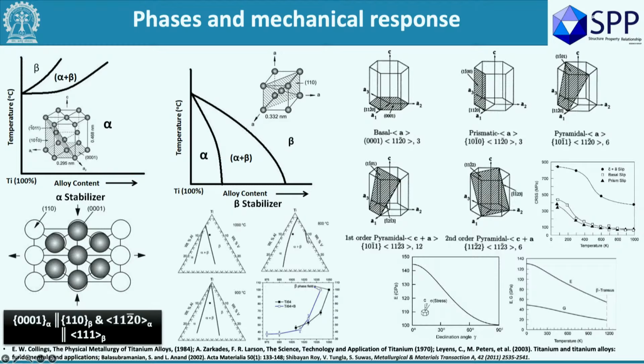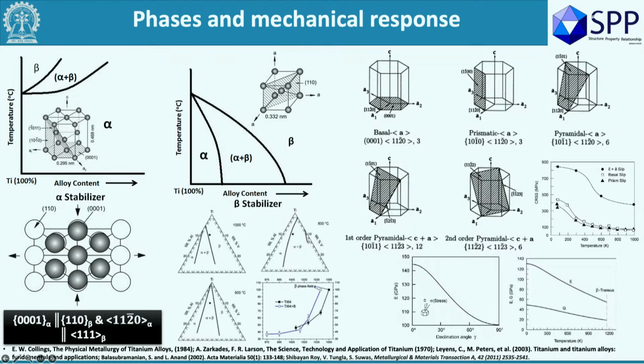But primarily Ti64, for example, most of its mechanical properties are driven by the alpha phase. It's highly anisotropic because it's an HCP, and you can see the different types of slip systems that it carries. It is mostly basal and prism slip, but pyramidal slip may happen in certain cases.